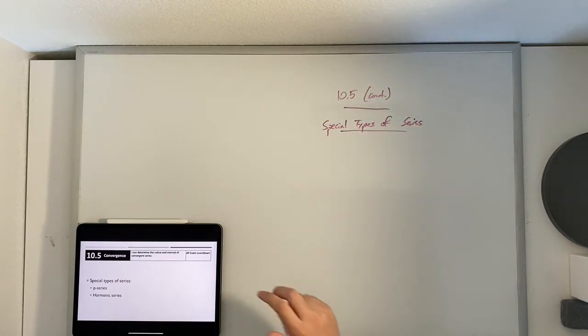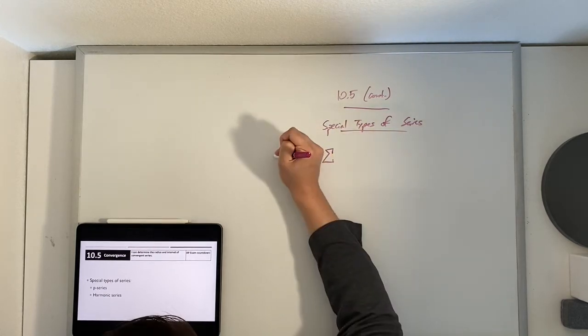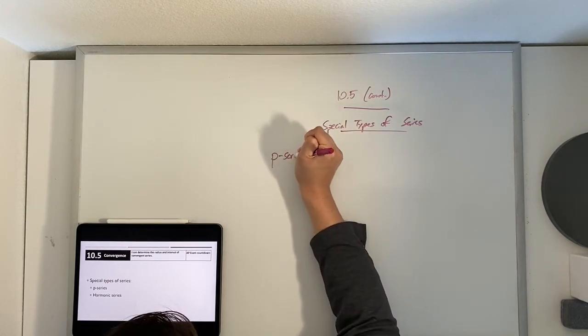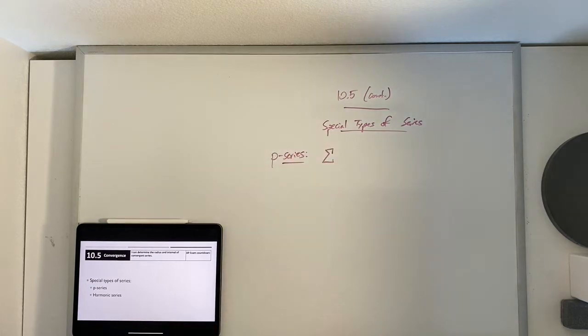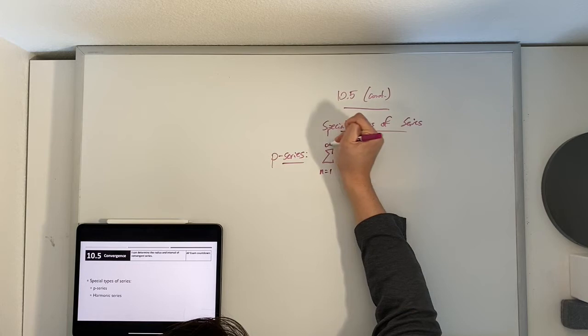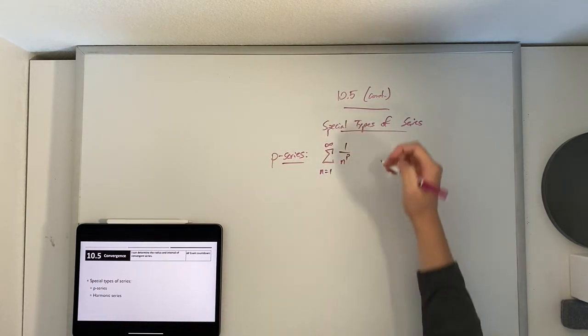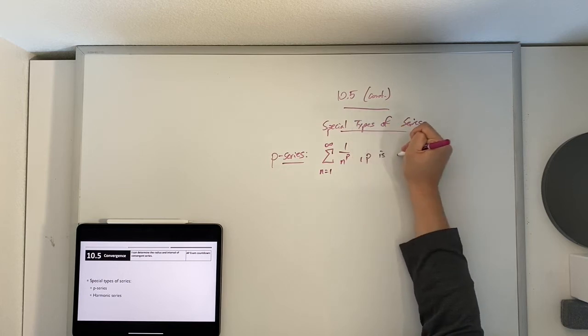All right. Now, these are known as p-series. So p-series look like this, where p is some constant.